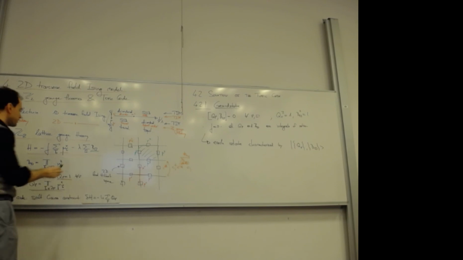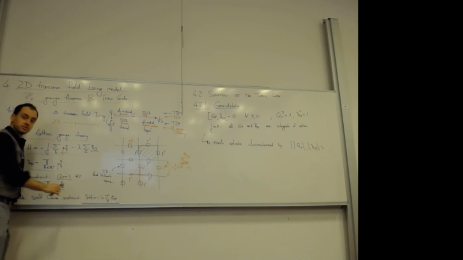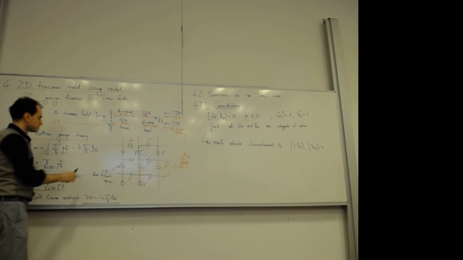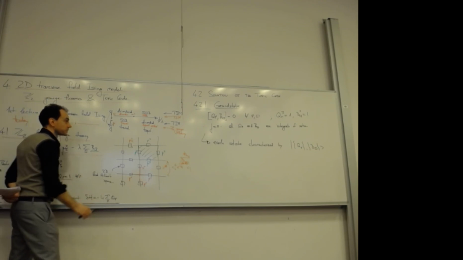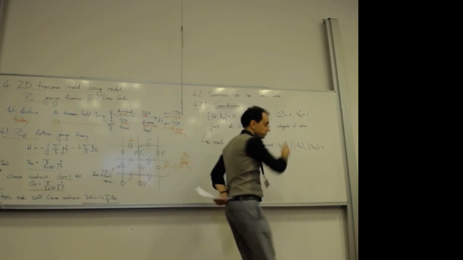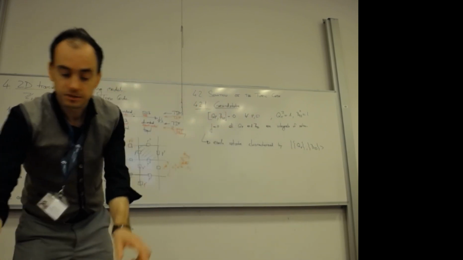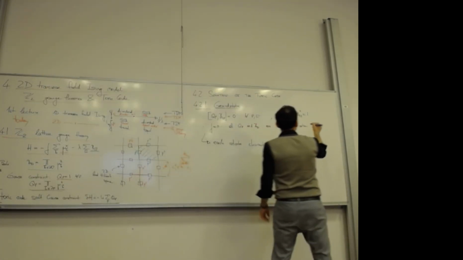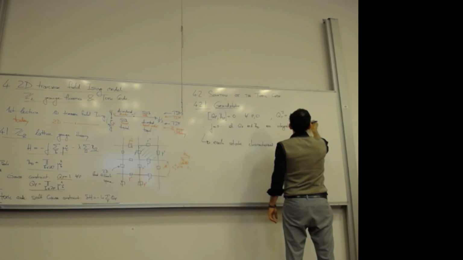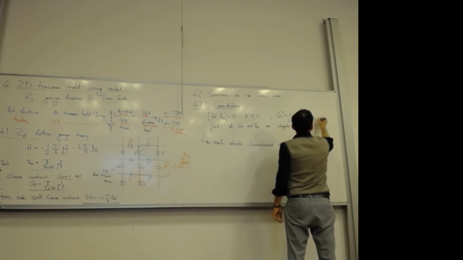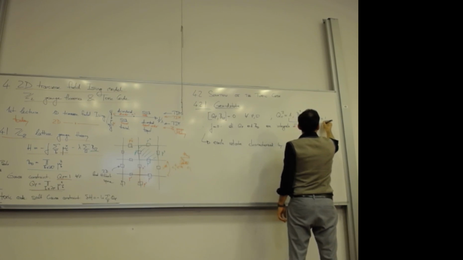In particular, if lambda and h are both positive, the ground state is when all the B's are 1 and all the Q's are 1. This constraint, the fact that they square to 1, implies that Q_R has eigenvalues plus and minus 1 and B_delta has eigenvalues plus and minus 1.